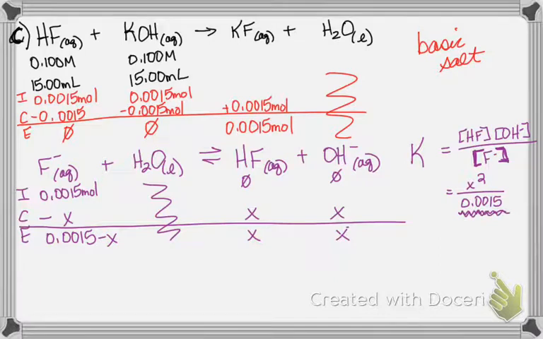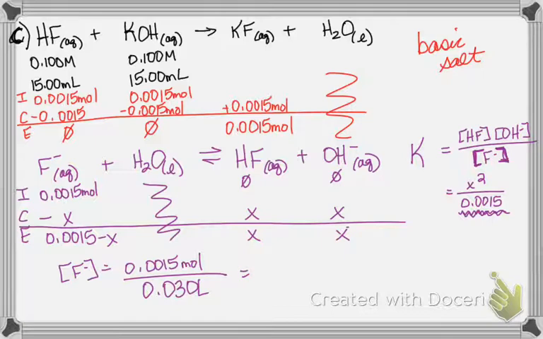So we can't, what do we have to do? The 0.0015 to get the concentration of the fluoride. We have to divide it by the total volume. What's the total volume? The total volume is 30 milliliters, so that's 0.03 liters. That means the concentration of the fluoride is 0.050 molar.